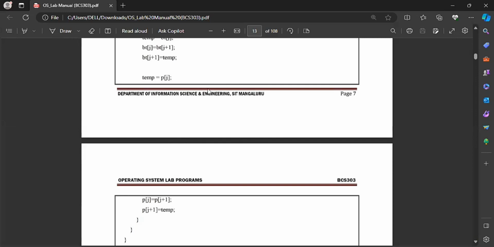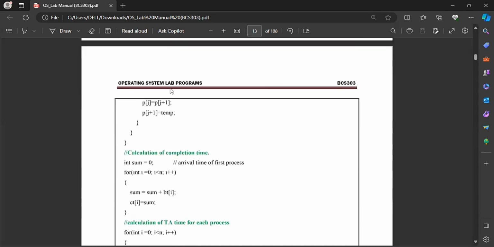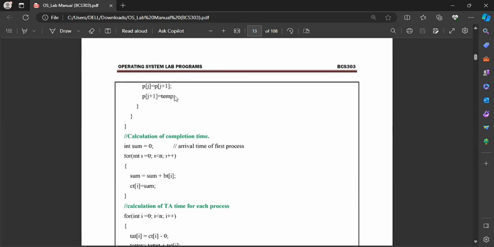Here the temporary variable temp is used to store the process number of the current process. Then here we assign the process number of the next process to the current process. Then we assign the stored process number to the next process.